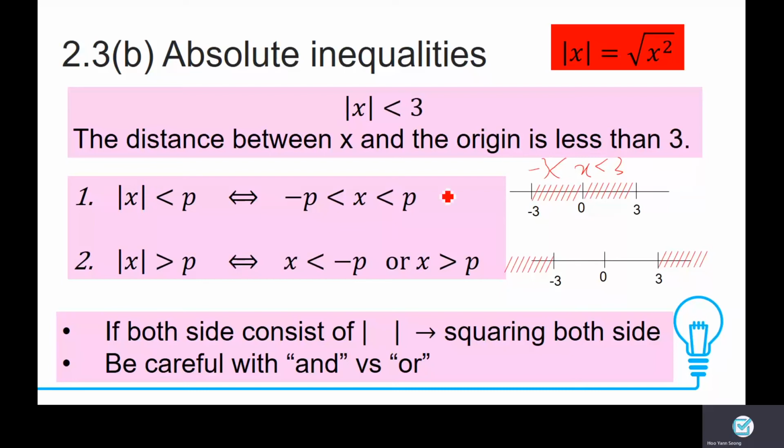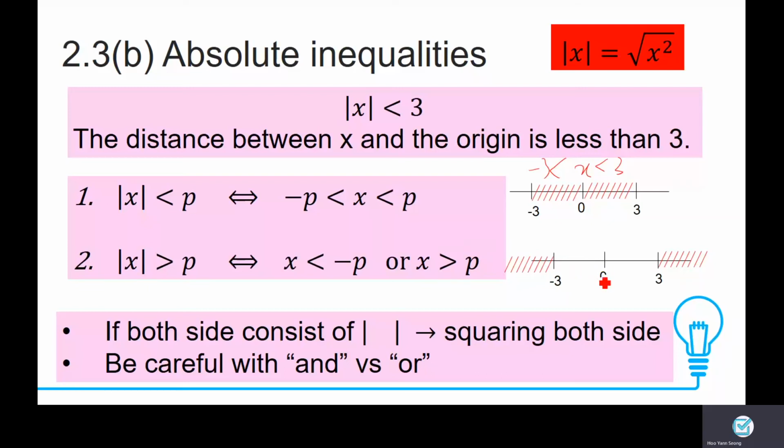Generally, when we have absolute x less than p, we can define it as x in between negative p and p. How about when our distance is greater than p? When our distance is greater than p, it is here. And remember, how about our negative side?